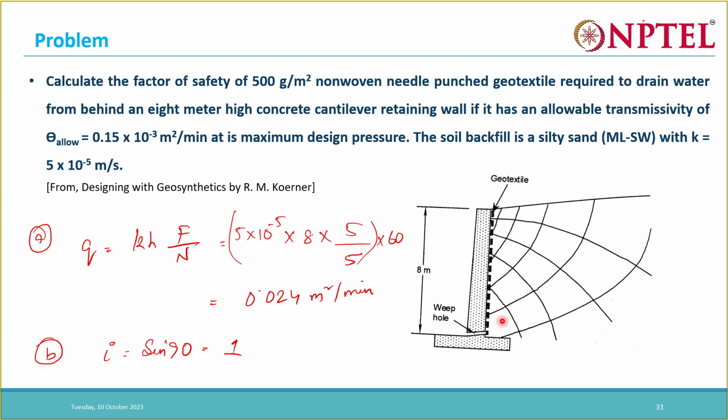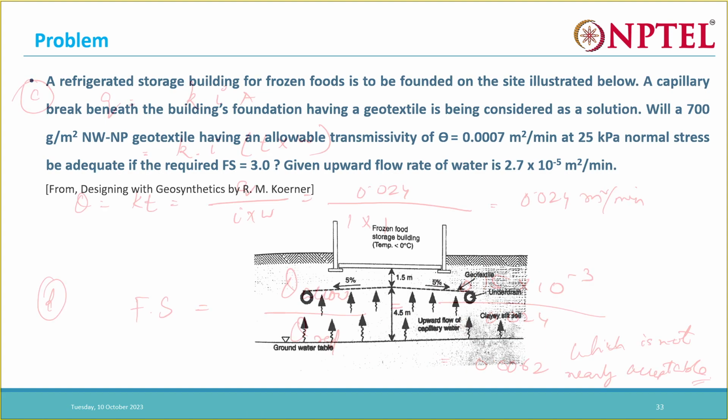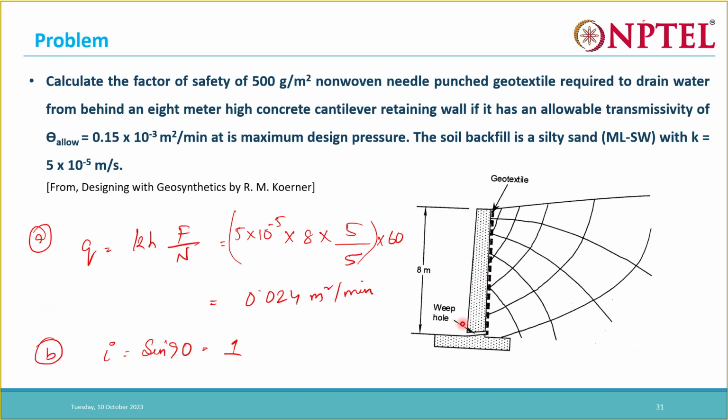What is the gradient? 1, obviously, since it is straight. Then we find out the factor of safety, which comes out as very, very low. It is not acceptable. So we will try this problem again with a geonet.